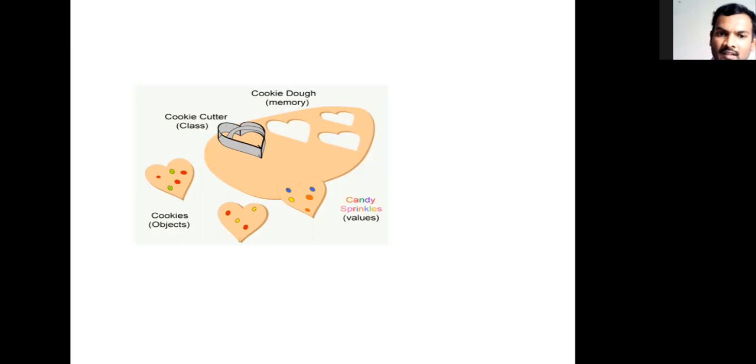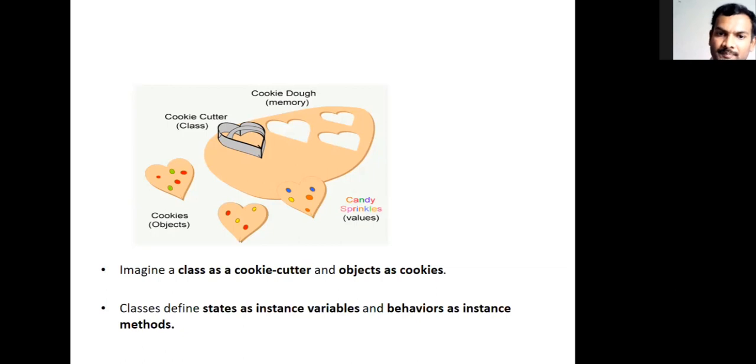And here the cookies are existing physically, and those are called objects. And we are giving a certain shape. So based upon the cookie cutter, it is taking the shape. We can say that the cookie cutter is a class, whereas the cookies are objects.